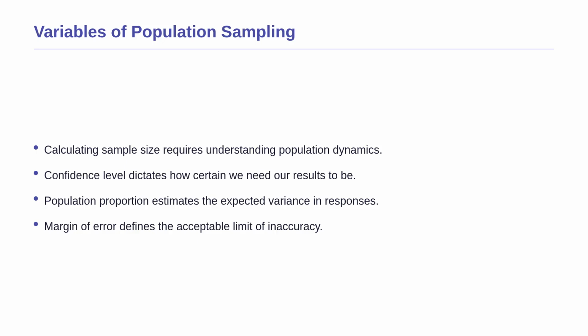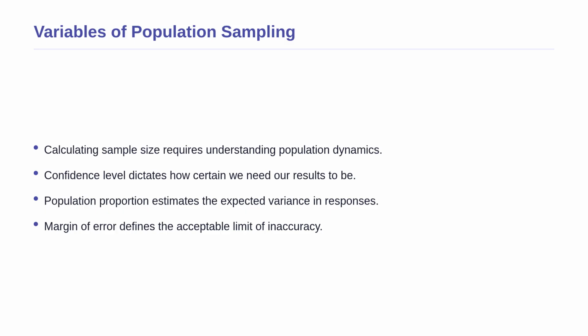Before we look at the exact mathematics of sample sizes, we must understand the variables that influence it. Calculating an ideal sample size requires understanding population dynamics. First, we have the confidence level, which dictates how statistically certain we need our final results to be.